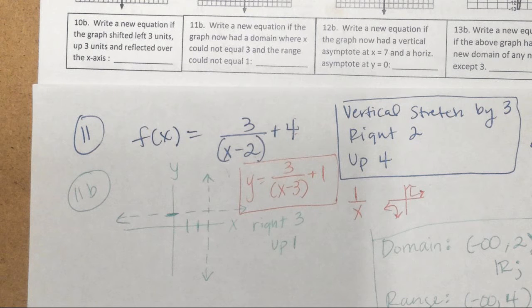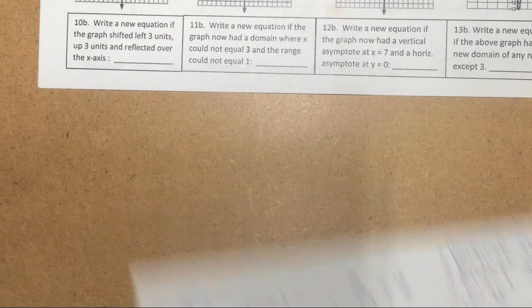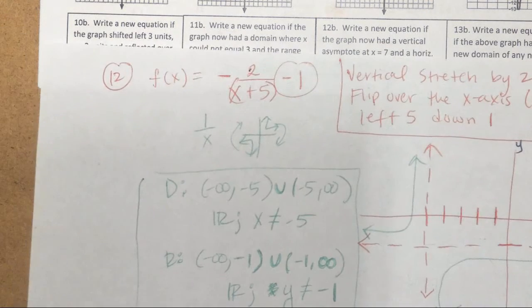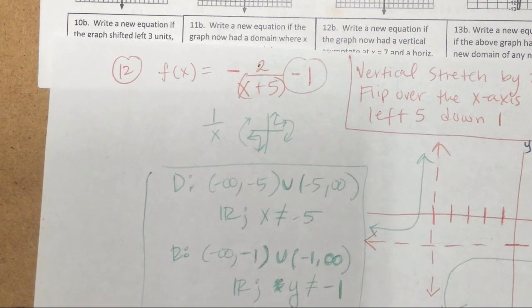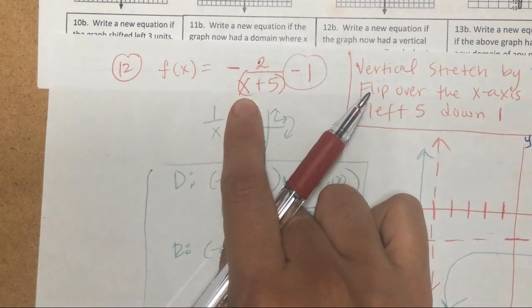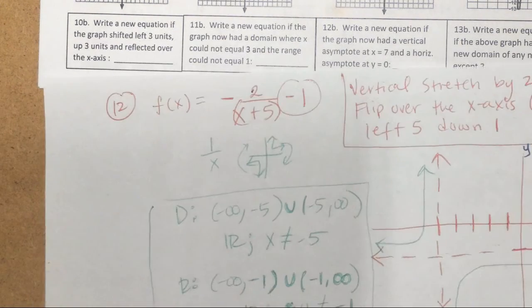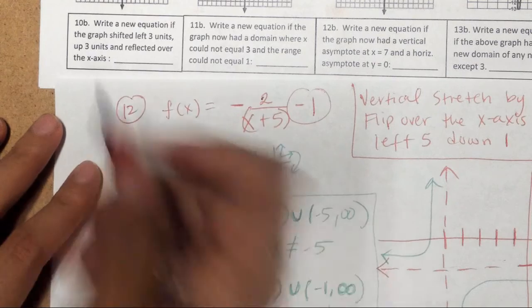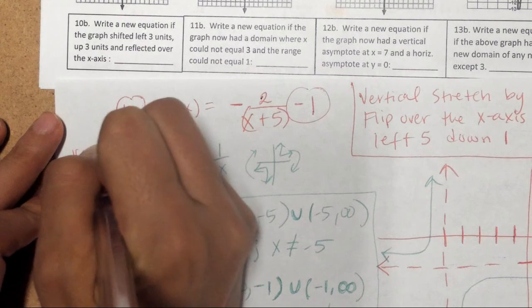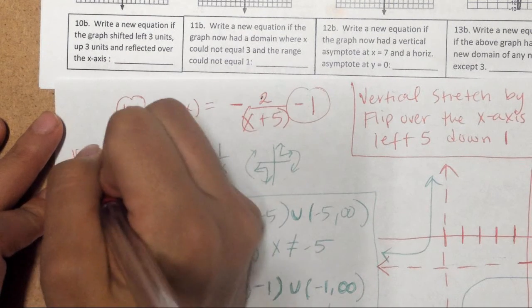And now let's look at 12b. Flip my paper around. So here's my equation. It says write a new equation if the graph now had a vertical asymptote at x equals 7 and a horizontal asymptote at y equals 0.